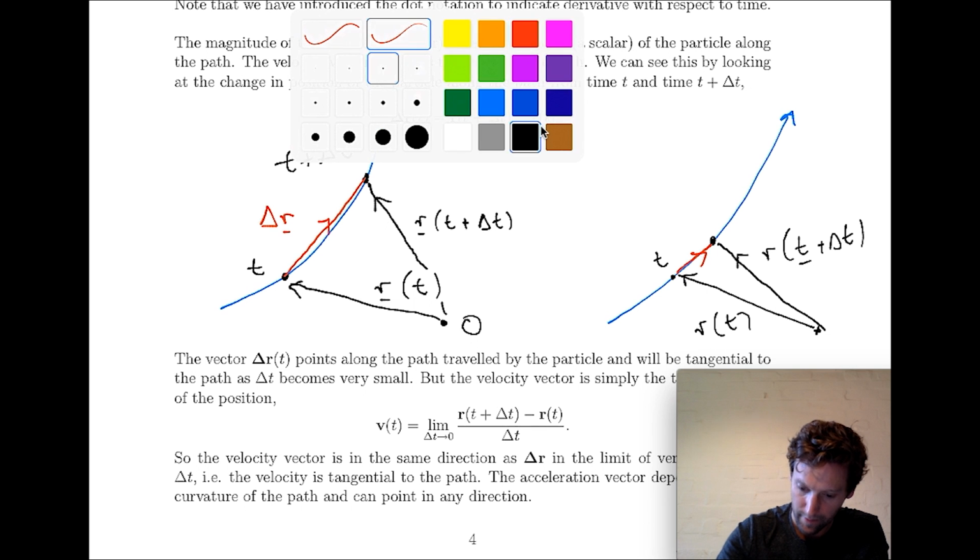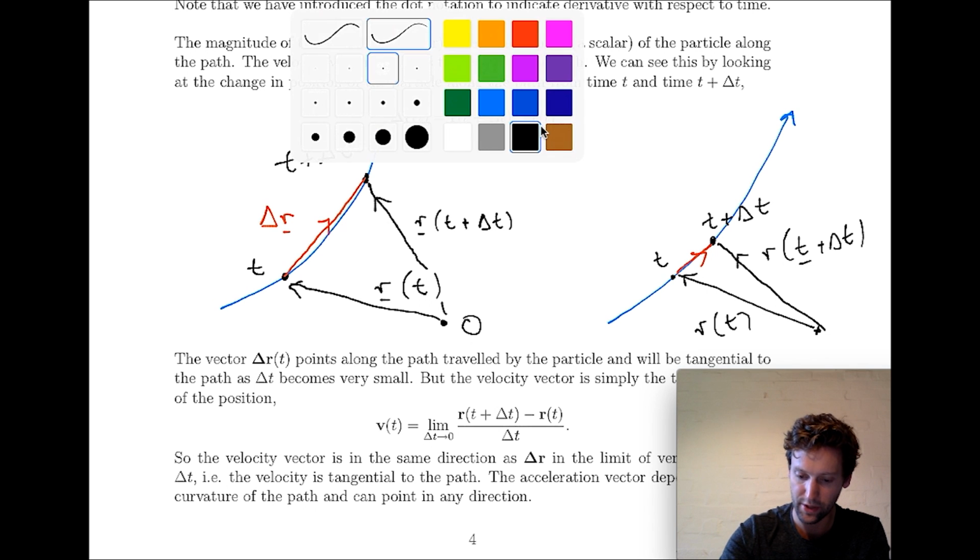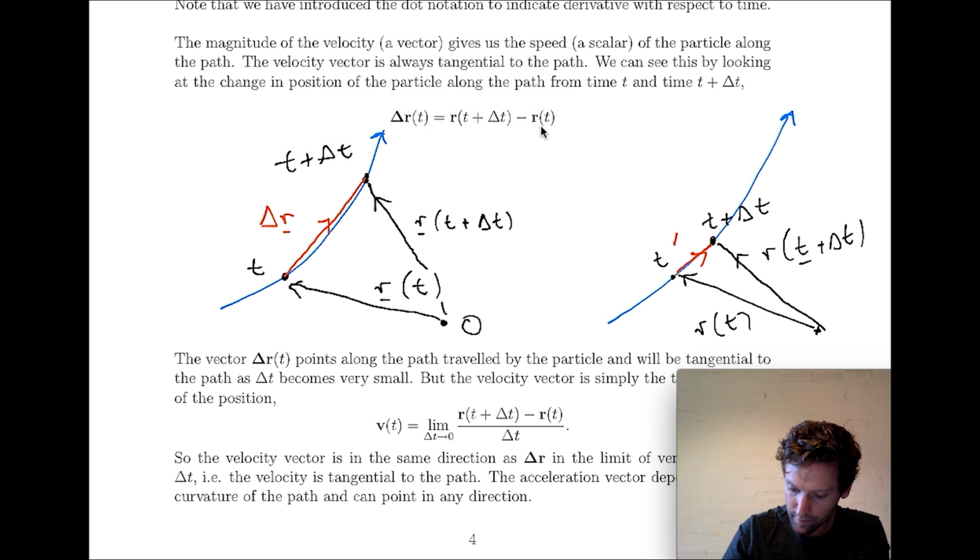So this is my position at time t plus delta t. And you can see that the change in position delta r is becoming more and more aligned along the particle's trajectory. It's coming right along the particle's trajectory.